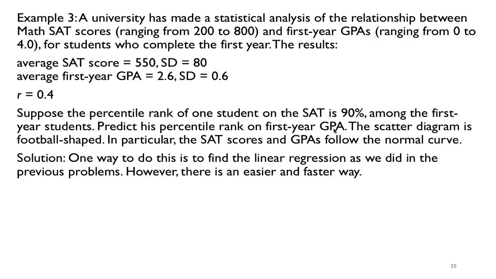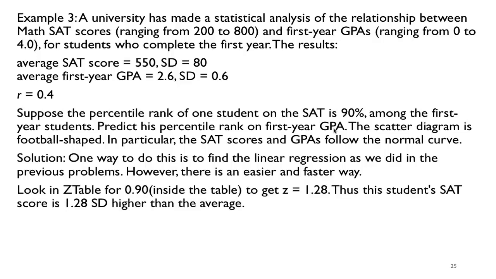But it's actually a much easier and faster way of doing this problem, which is that we can look in the z table for 0.90. Again, 0.90 is the percentile. So look inside the z table for 0.90 and find the corresponding z score. Again, the z score comes from the row and the column of the z table.